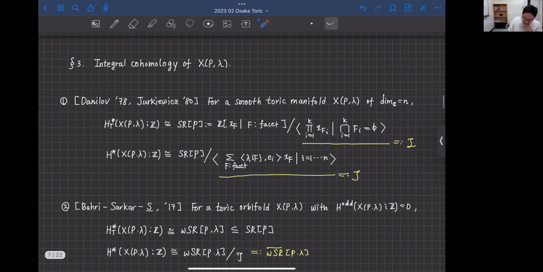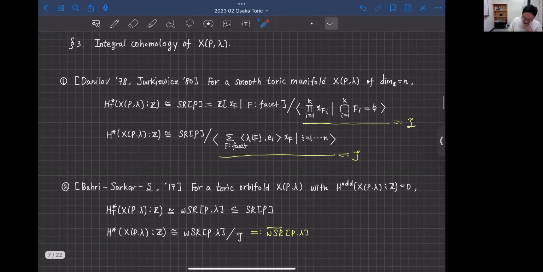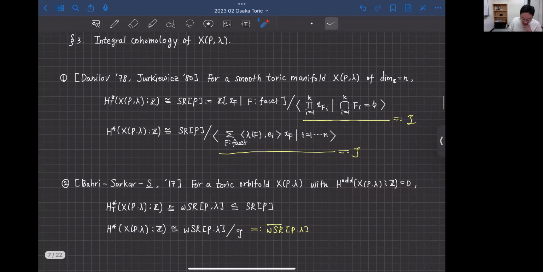And if you come to the category of toric orbifolds, in 2017, Tony, Shintaro and I proved that for a toric orbifold with vanishing odd degree cohomology groups, like an equivariantly formal toric orbifold, the equivariant cohomology ring is isomorphic to the so-called weighted Stanley-Reisner ring, which is a certain subring of the Stanley-Reisner ring.